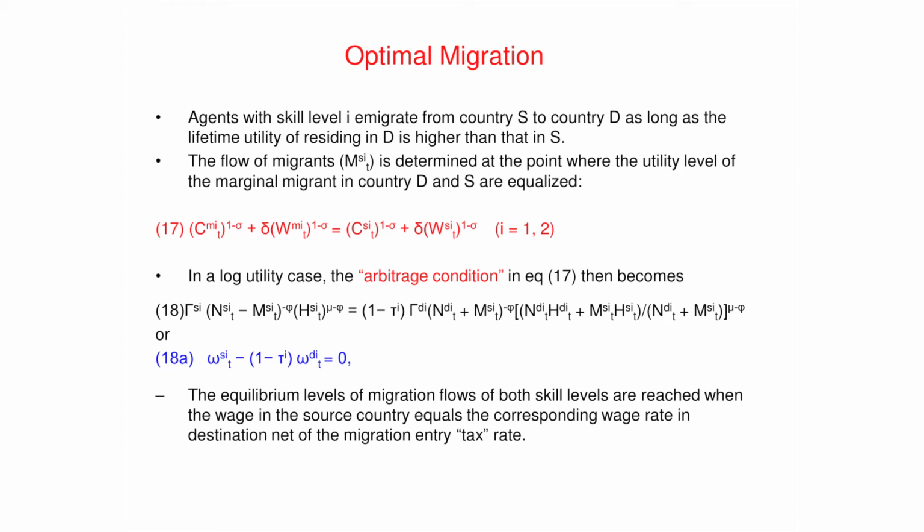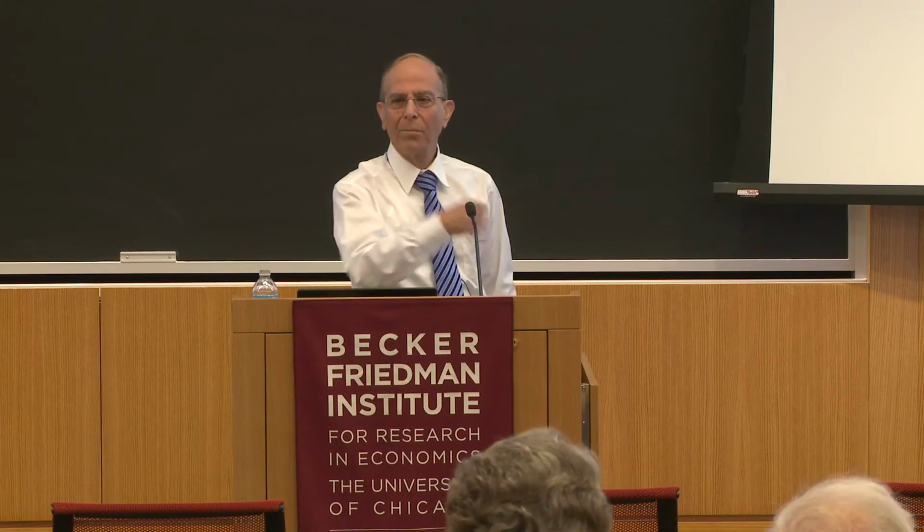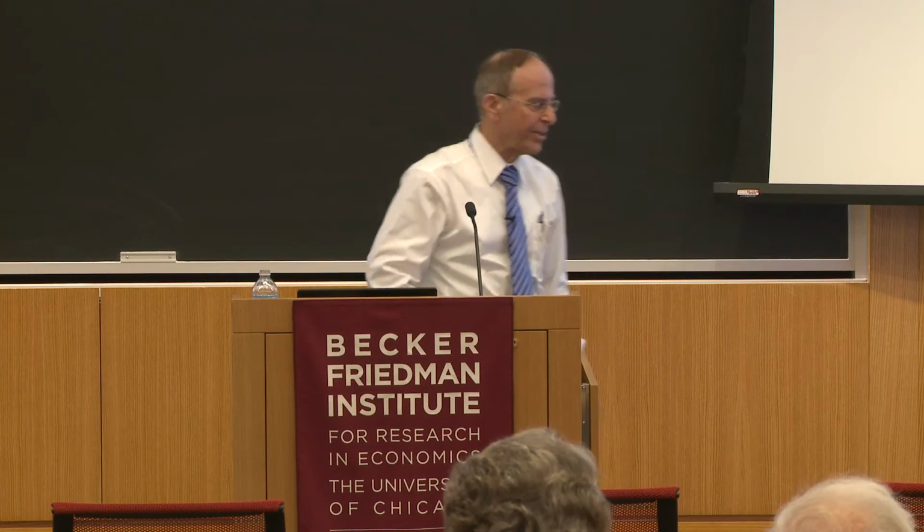It costs a great deal to migrate from S to D in many respects. You can't fully transfer maybe the skill that you acquired in your home country, so you have an opportunity cost in this regard. It can be ameliorated over time, both for the first generation and especially the second generation.